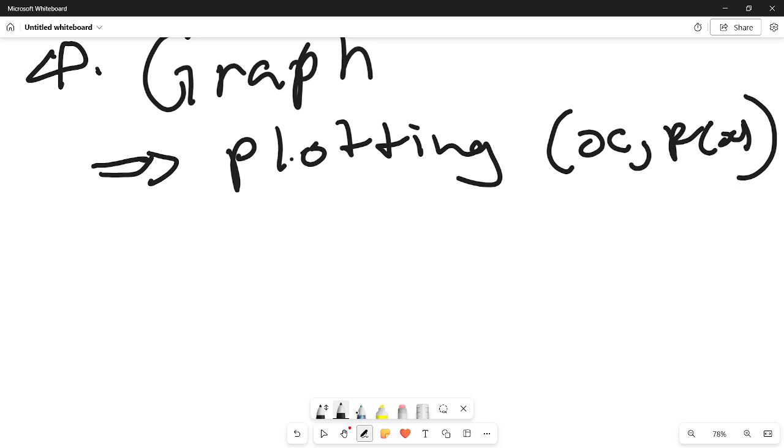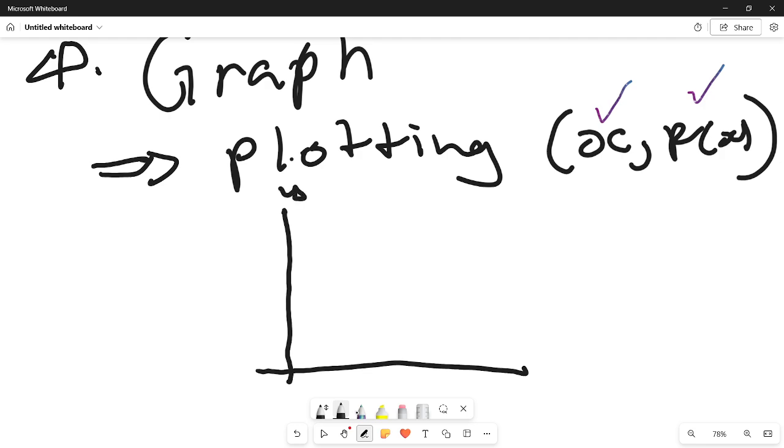So if we go on the Cartesian plane, we're going to have the y-axis, which is the f of x in this case.